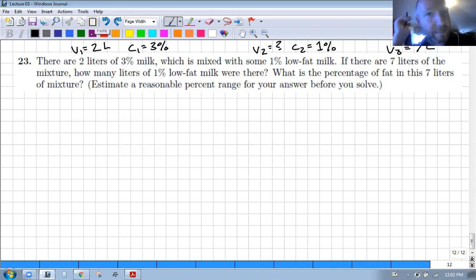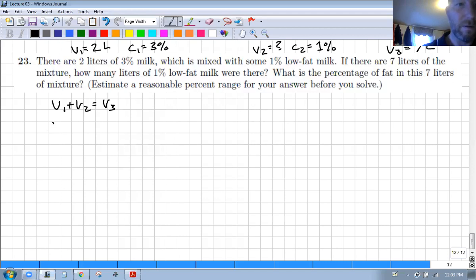So let's see what we got. We don't know what C3 is. They didn't say anything about the concentration of the 7 liters, and they didn't tell us the volume of the second liquid. So what we do here is, remember, we know that V1 plus V2 is V3.